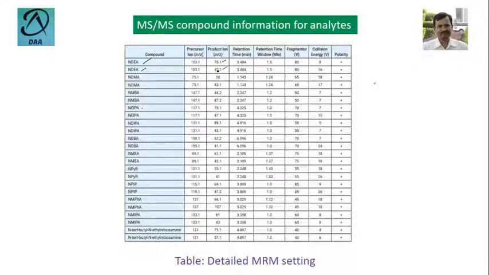In this case, I showed one type of fragmentation, so one product ion has come, but in a different way. If you fragment it differently, then again you will get a different product ion. And that's why you can get more than one product ion for the same precursor ion.